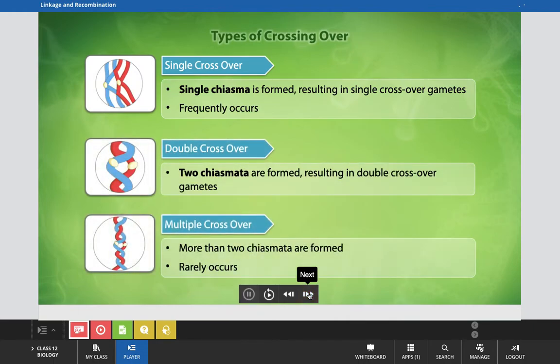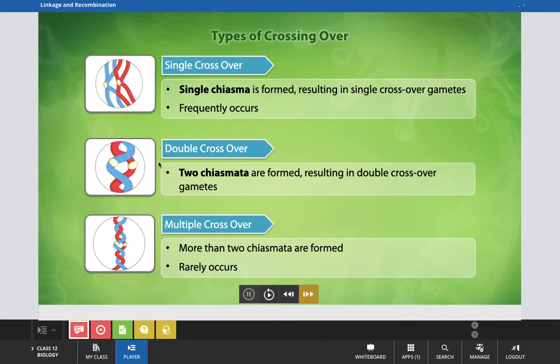Now let's learn about the types of crossing over. Crossing over can be of three types. Single crossover: here a single chiasma is formed, resulting in single crossover gametes, and this type of crossing over frequently occurs in organisms.